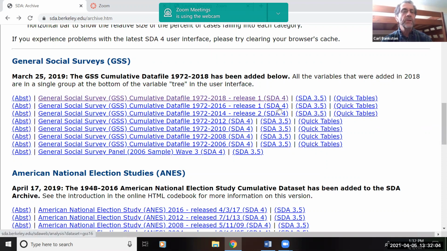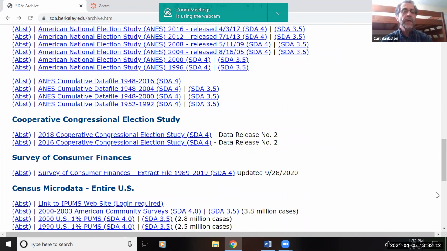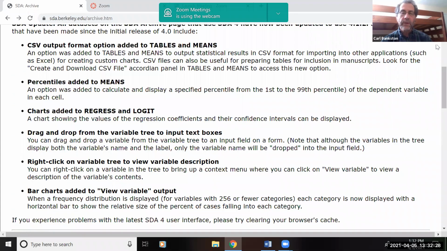In addition to the GSS data, there's also American National Election Surveys, Cooperative Congressional Election Surveys, Survey of Consumer Finance, and census microdata. I'll talk about census microdata in a later tutorial.